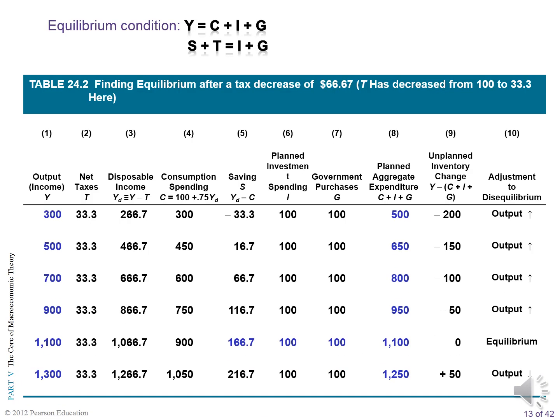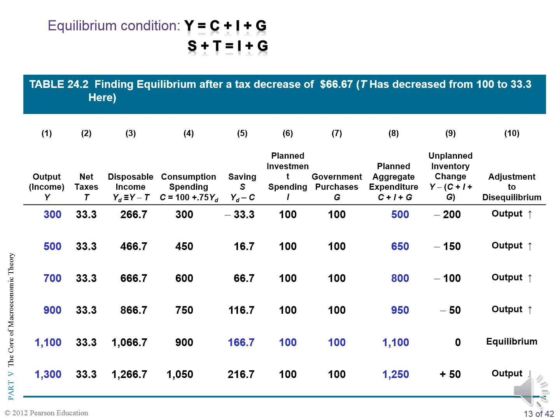Okay, let's talk about the equilibrium using a schedule in the case where we decrease T by 66.67, as we calculated. Find the equilibrium after a tax decrease of $66.67. Okay. The output is the same as I gave you last time.